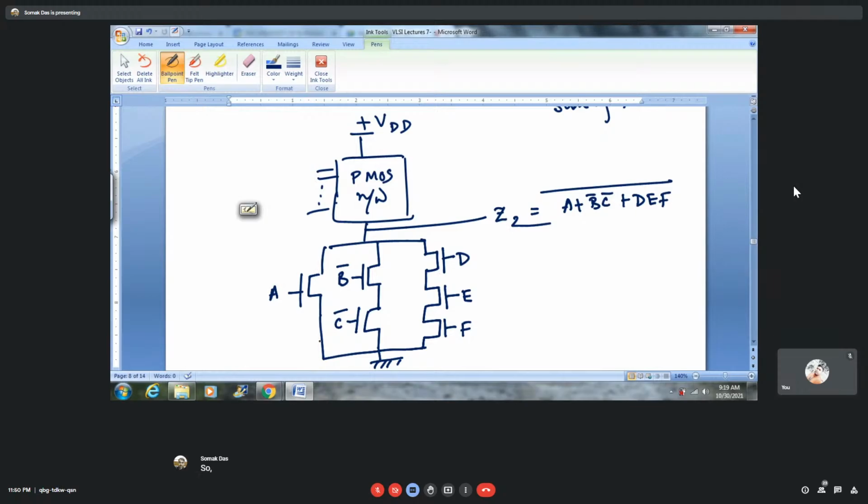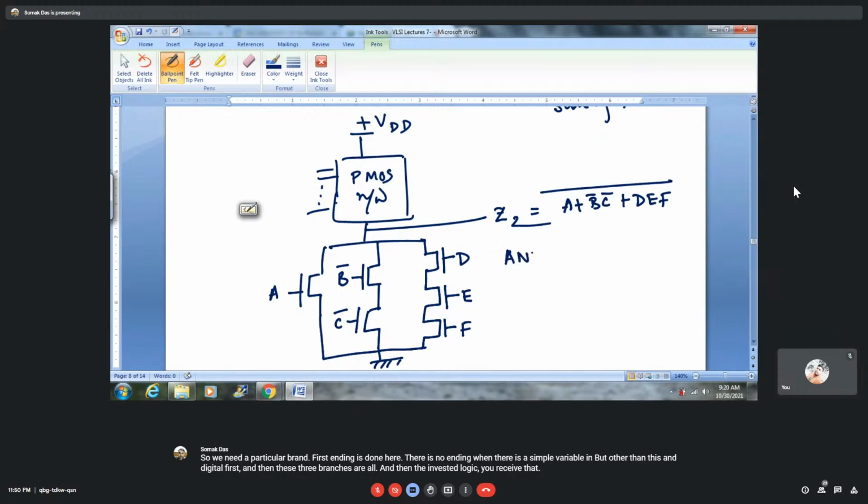Within a particular branch, first ANDing is done. Here there is no ANDing when there is a single variable in a branch. But in the other branches, ANDing is done first, and then these three branches are ORed, and then the inverted logic you receive as Z2. So ANDing is done first, then OR logic, and then invert.